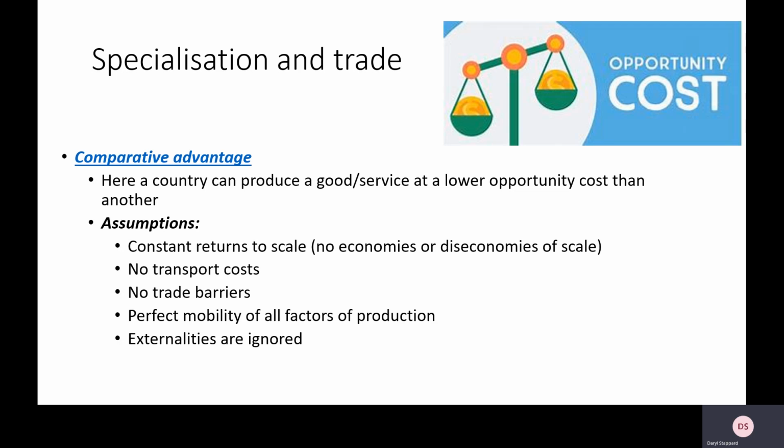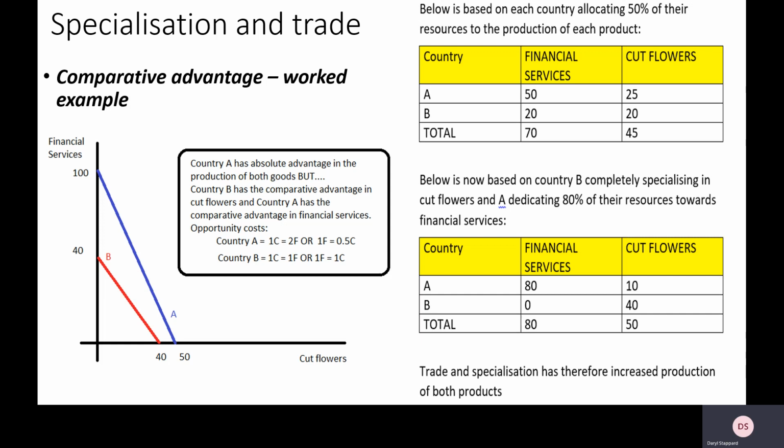Okay, so when we look at this model of comparative advantage, we've made some huge assumptions. Right, now you've got here a worked example of comparative advantage. Now, if you look at the PPF, what we can see then is 2 economies, and again, I'm assuming they've both got roughly equal size factors of production, more or less anyway.